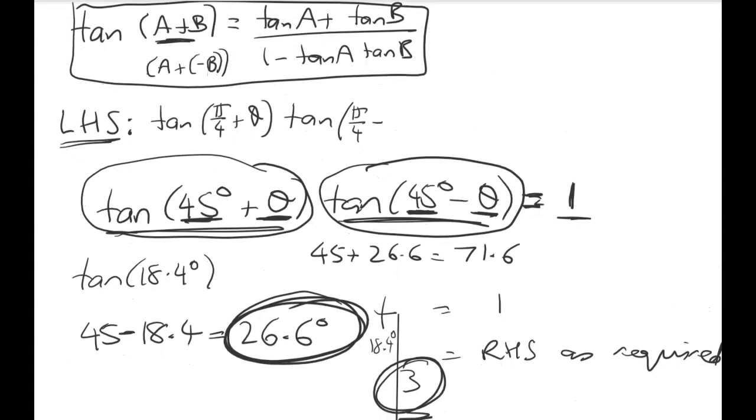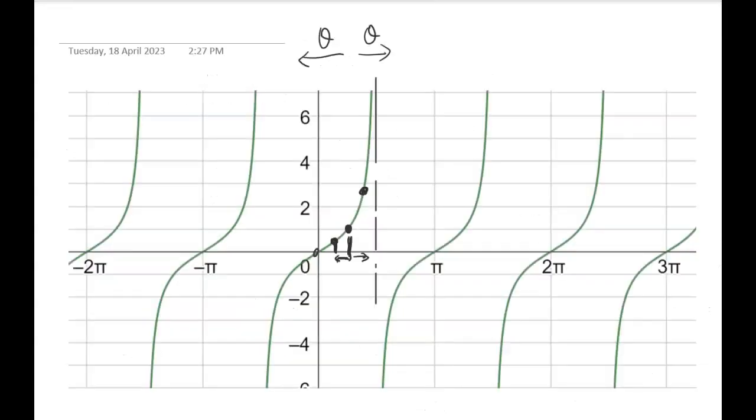Okay, so looking at that graphically, it looks like this. This is my tan graph, and you can think of the 45 degree mark on here, which is here, as kind of like your balancing point for reciprocal things. So in this case, we've got 1/3 here, and we've got 1/3 here, and we've got 3 up here.